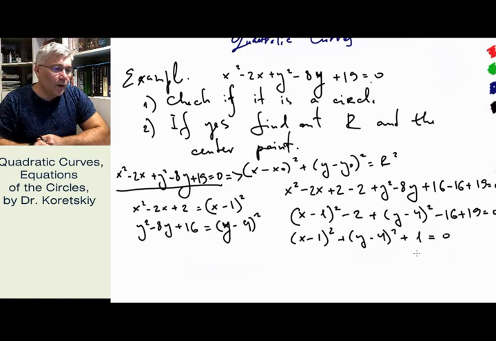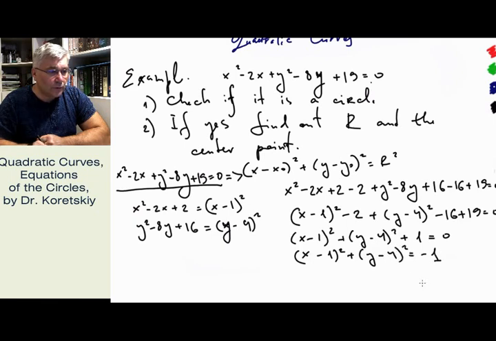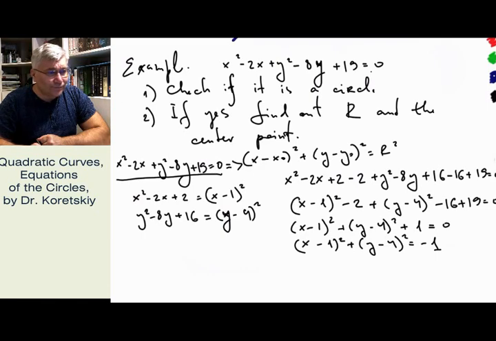Now I can move it to the right side to make it closer to the canonical view of the equation of the circle, and I have x minus 1 squared plus y minus 4 squared equals minus 2. And I have here a negative number at the right side.